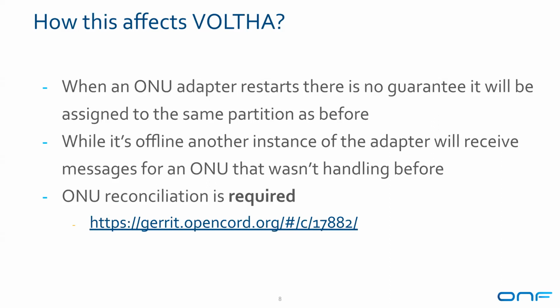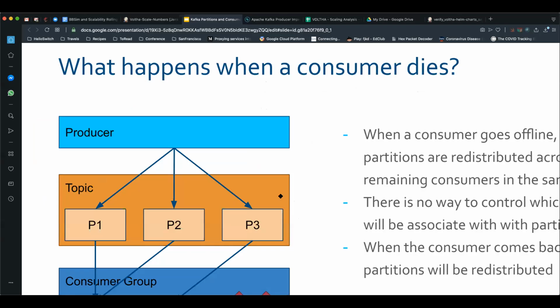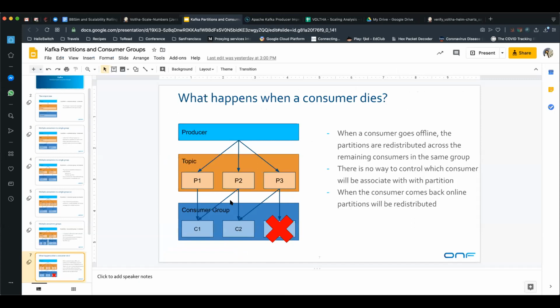Sean, did you have a question? Yeah, actually I had one question. If you go back to the slide that shows one adapter dying. What if those arrows from P2 and P3 did not reassign to C1 and C2? What if they stayed on C2, and C3 died and it comes back and then resumes, just like we have with the single adapter case today?